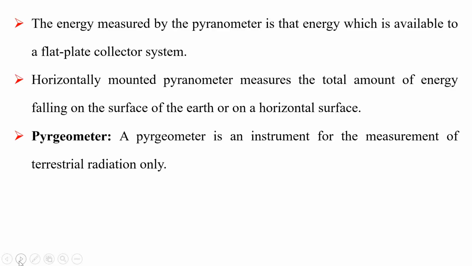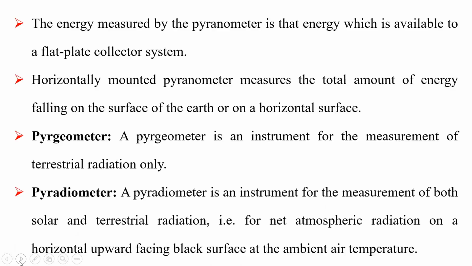Then the pyrradiometer. A pyrradiometer is an instrument for the measurement of both solar and terrestrial radiation, that is the net radiation, on a horizontal upward-facing black surface at the ambient air temperature.